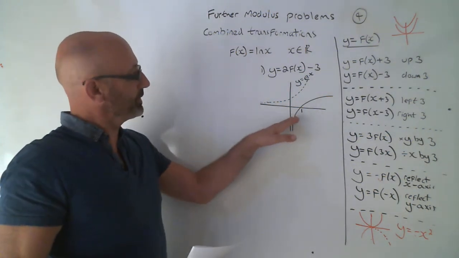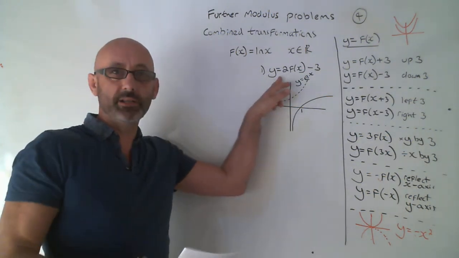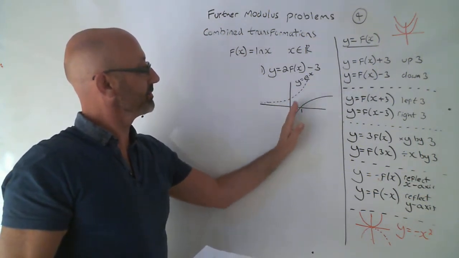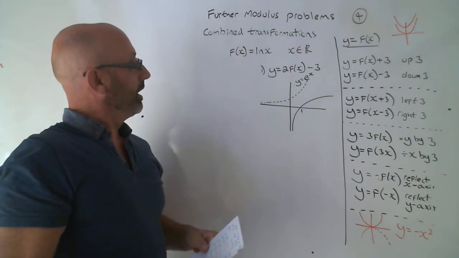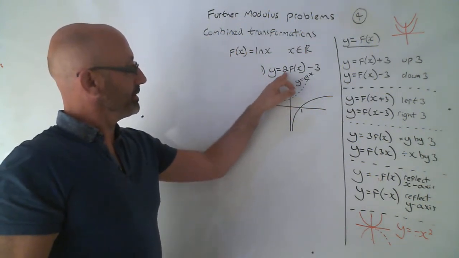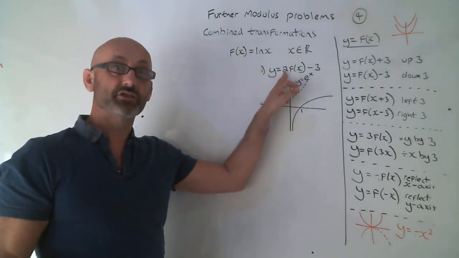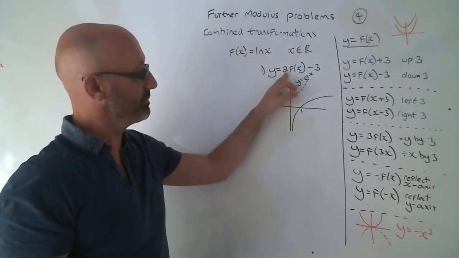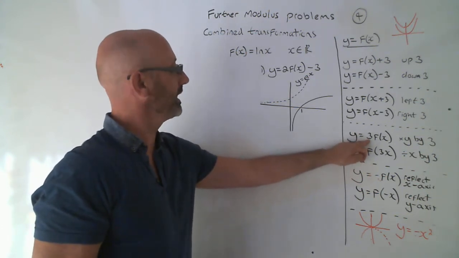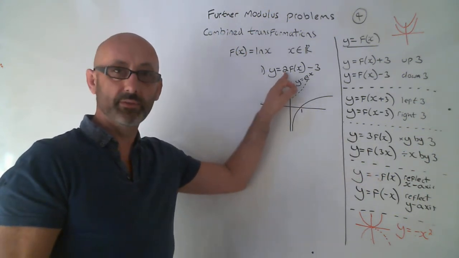So I'm going to try and apply this combined transformation to ln x. The first thing is 2f(x), so I times the y by 2 in this case.